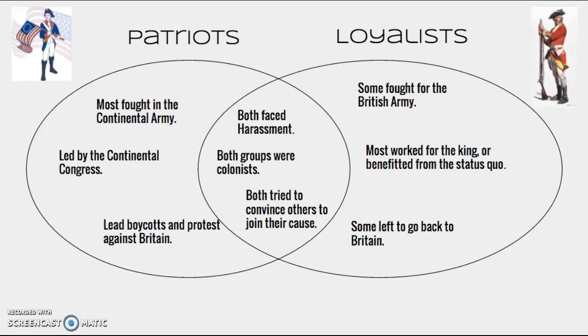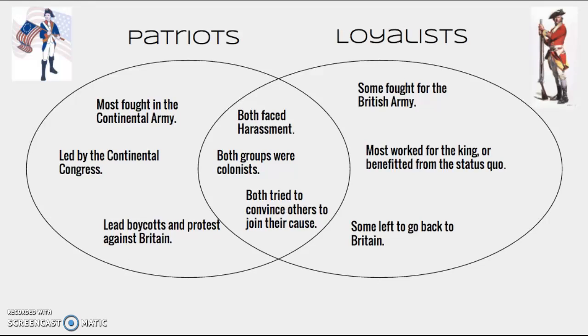So because they had a lot of wealth, typically, because they lived pretty good lives, a lot of them didn't have to fight for the British Army. And also, the British Army was huge anyway. It didn't exactly need the help from these colonists that were in the colonies to be able to make them strong. The British Army and Navy were already strong, so not all the Loyalists had to fight for the British Army.